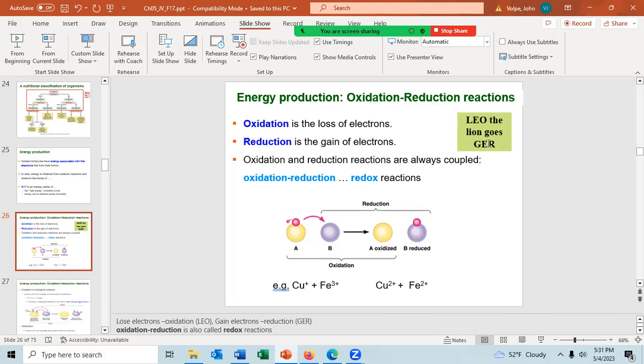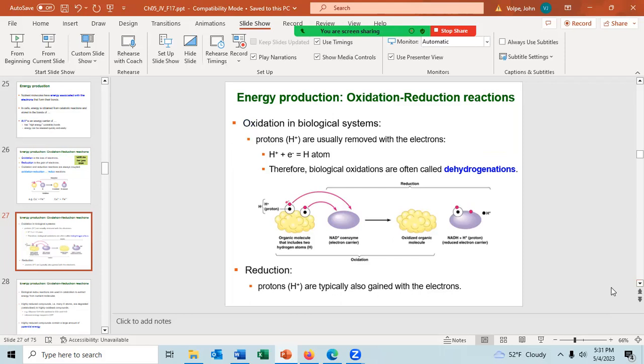So we use oxidation reduction reactions to make ATP and actually all other molecules we make. In biological systems, oxidation usually has a proton, meaning H+ ion, removed with the electron. And then the H+ ion usually follows the electron.